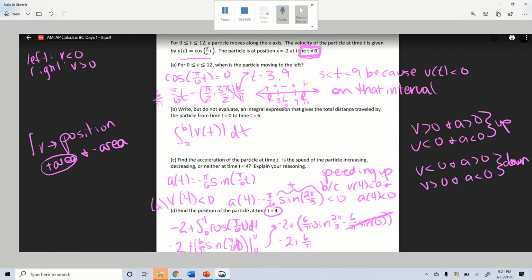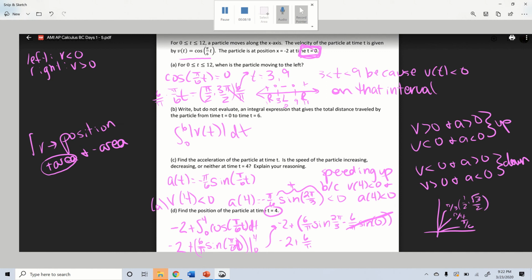So sine of 2 pi over 3. If you don't remember them exactly, if you can think it through just in the first quadrant, that'll help you with the other quadrants. So pi over 3 is right here, so the y value is bigger than the x value.